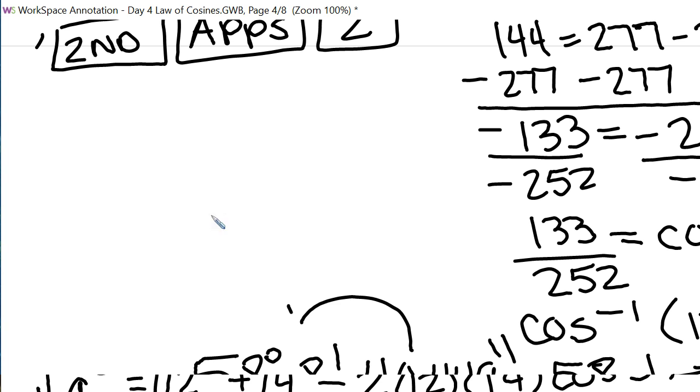So instead of 8 minutes, it needs to round up to 9 minutes. So 58 degrees, 9 minutes. Round to the nearest minute. And that was for angle B.